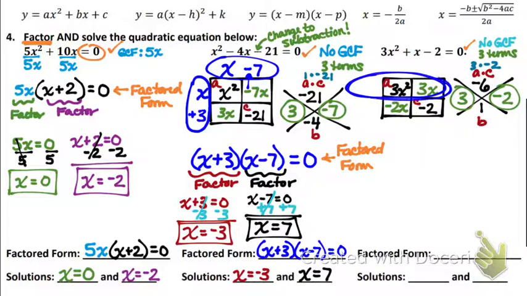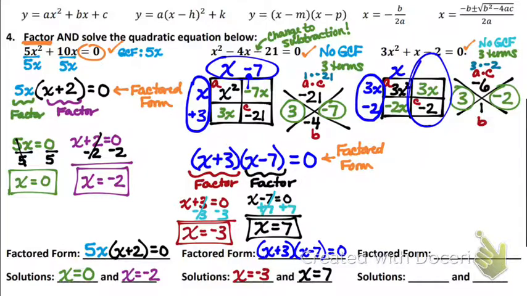What do these two boxes have in common? 3x squared and 3x. They have a 3x in common. What do these two have in common? Negative 2. So 3x minus 2 is one of my factors. What do these two have in common? 3x squared and negative 2x? Just an x.